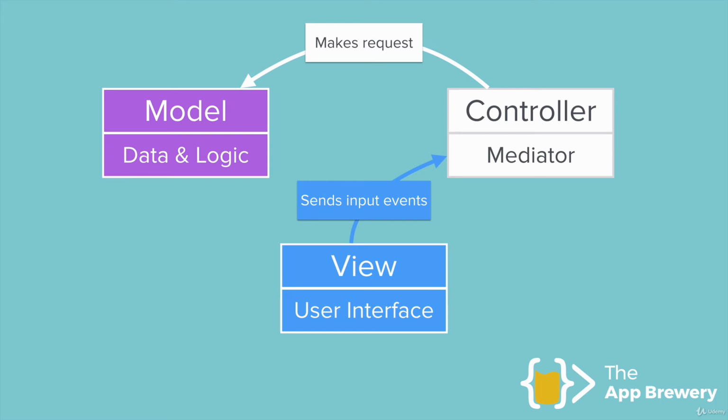And the model will implement some business logic and process the data in some sort of way, and then it outputs some formatted data and sends it back to the controller. Now finally, the controller takes that data, interprets it, and sends the relevant parts to the view to modify the user interface. So the view and the model never directly talk to each other, and it's only through the controller that they're able to interact.